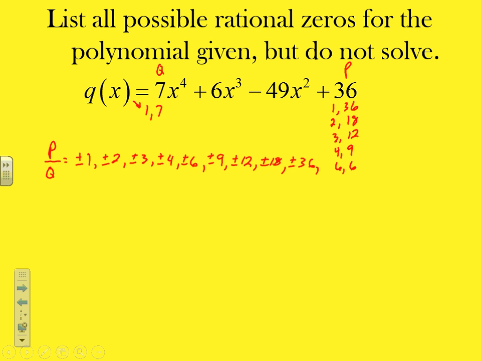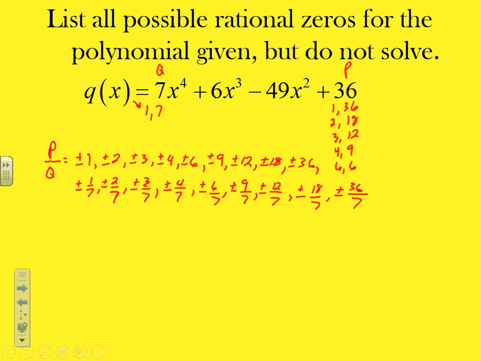So if I say 1 over 7, I'm going to say positive or negative 1 over 7, positive or negative 2 over 7, positive or negative 3 over 7, positive or negative 4 over 7, etc. 6 over 7, 9 over 7, 12 over 7, and positive or negative 36 over 7.